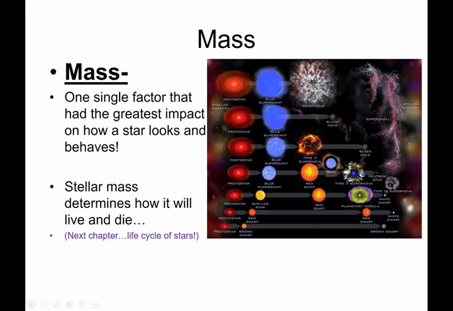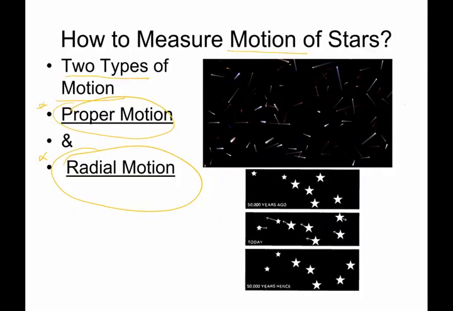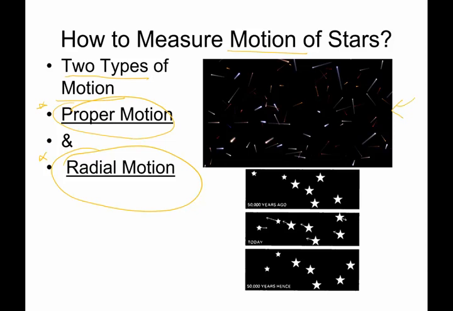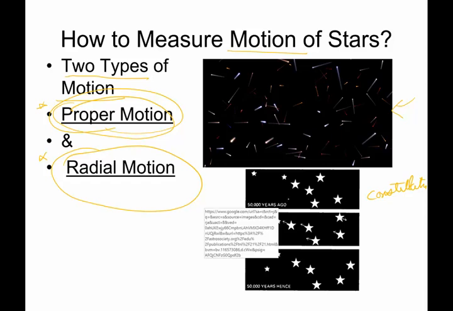If we go back to the previous slide, this illustration here is what we're talking about when we start talking about proper motion. Stars moving left to right or up to down. This proper motion of stars is also one of the reasons why constellations are changing shape. 50,000 years ago, the Big Dipper looked something like this.